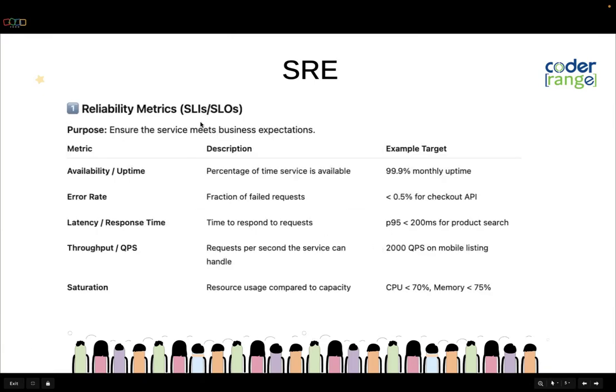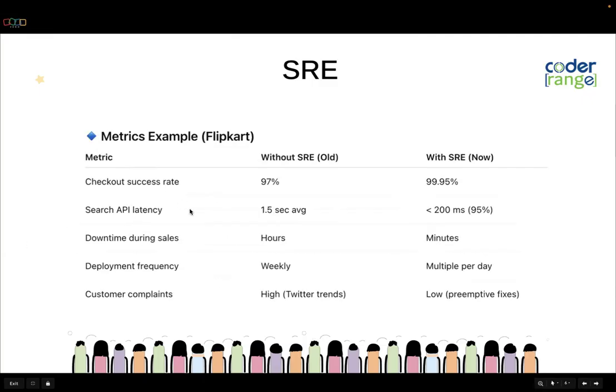For example, to ensure the service meets business expectations, the service should have 99% uptime. They see the error rate, meaning what fraction of requests fail; latency, the time to respond to a request; throughput, how many requests per second the service can handle; and resource usage compared to capacity, such as how much CPU is used. This is one important aspect of it.